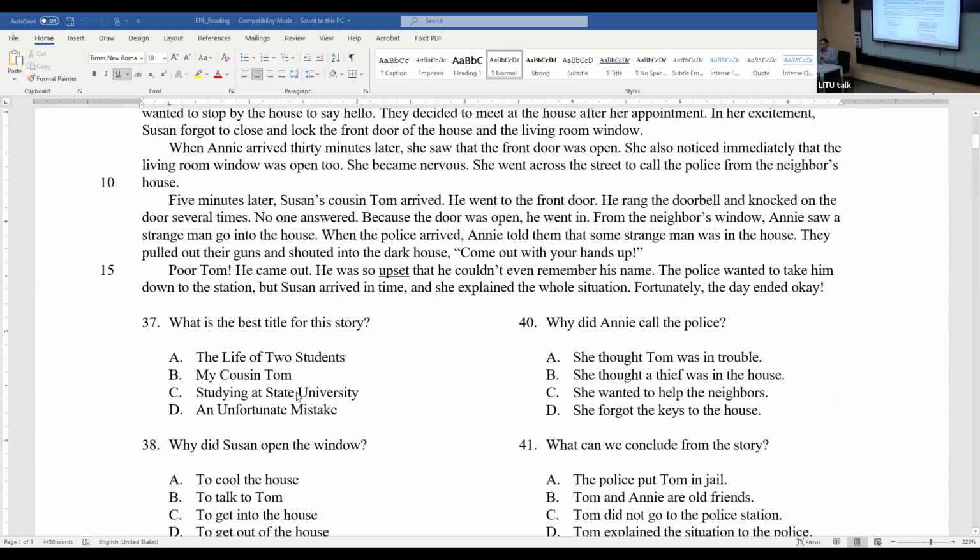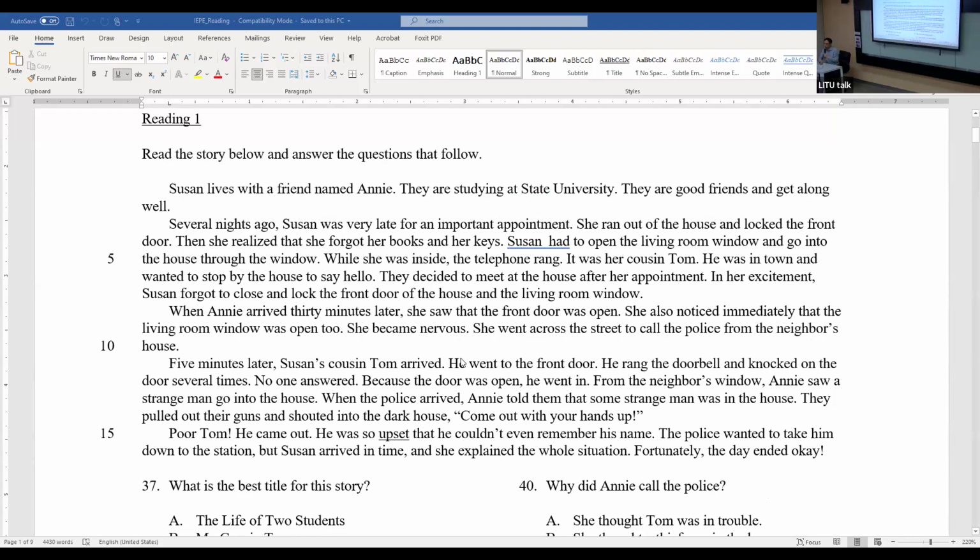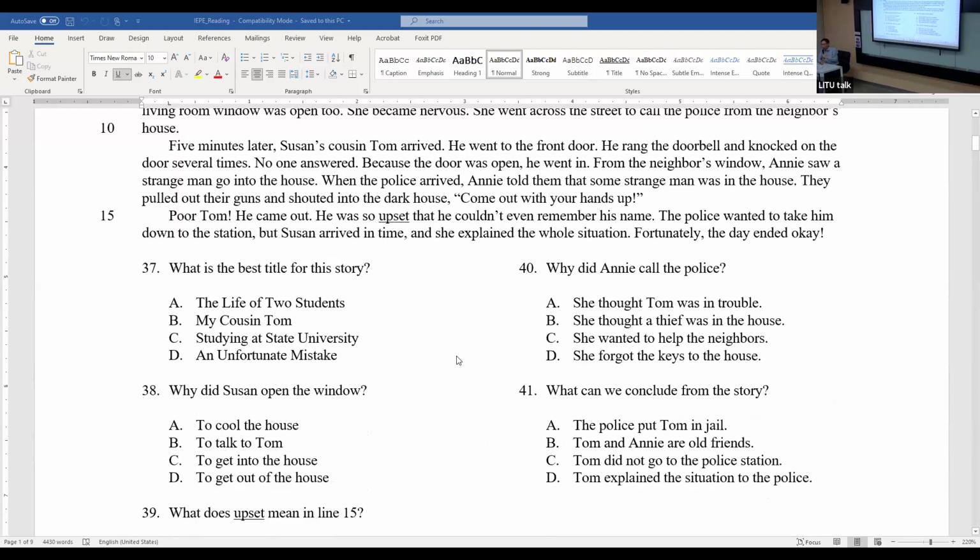And then you have to move on to the questions. What is the best title for this story? What about if you're marginal A2?